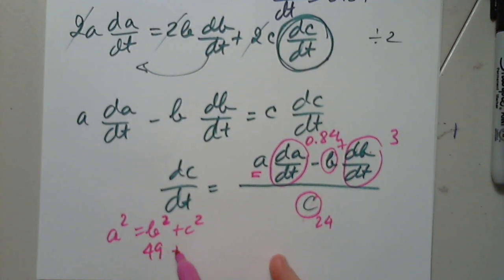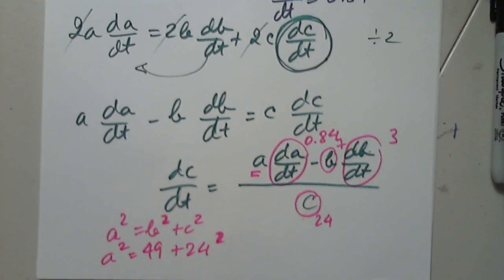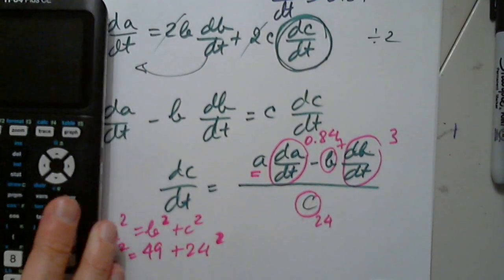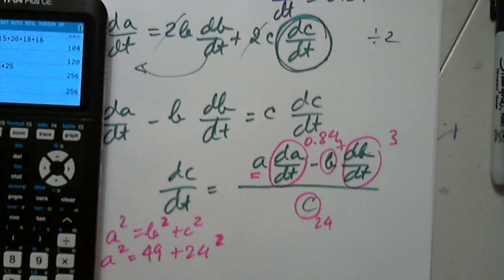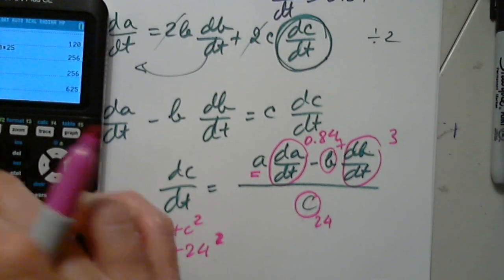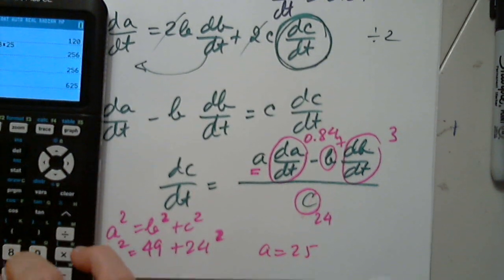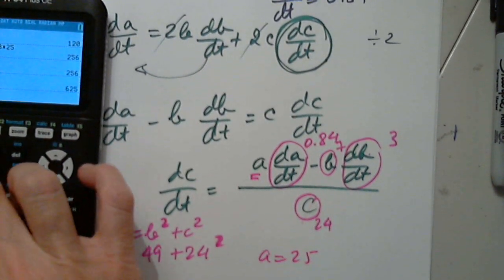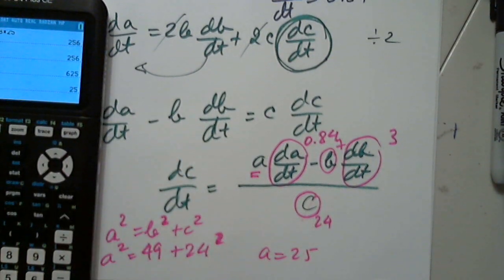And I'm given C, which is 24 squared. So I'm able to determine A. As I said, lazy people like me use their calculator. Okay, and I take the square root and I get 25. So A equals 25.